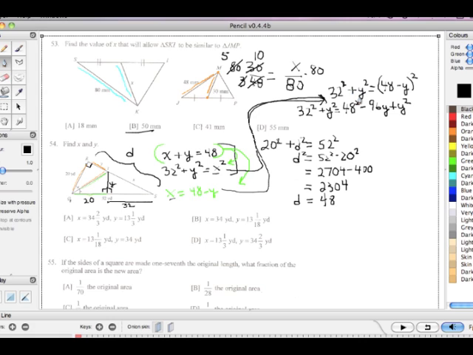That's just FOILing this 48 minus y squared out. You'd get the first term squared, and then you multiply these two, 48 times minus y, and then multiply that by 2, and then you have this y squared.